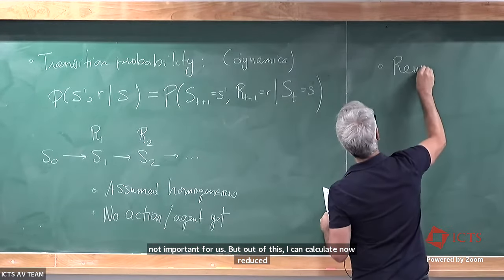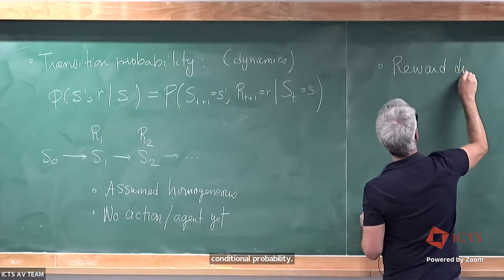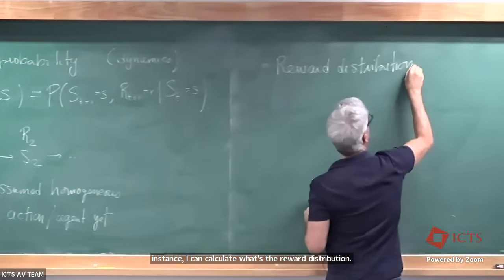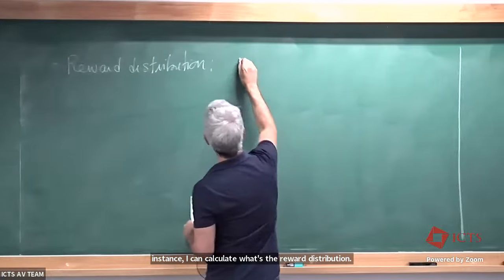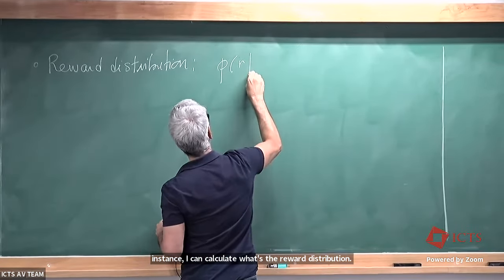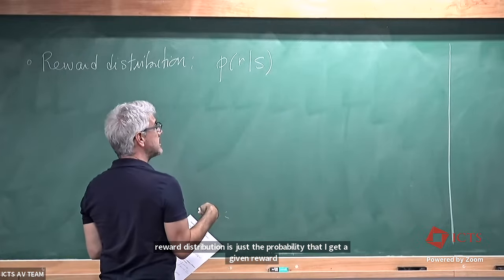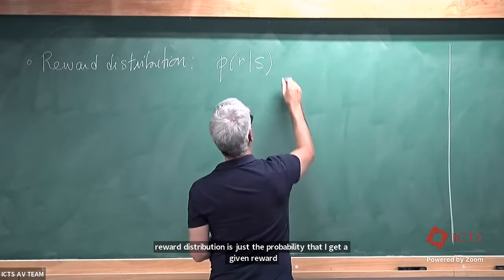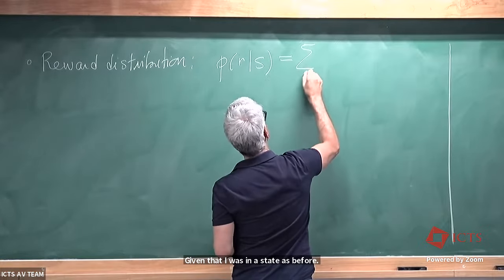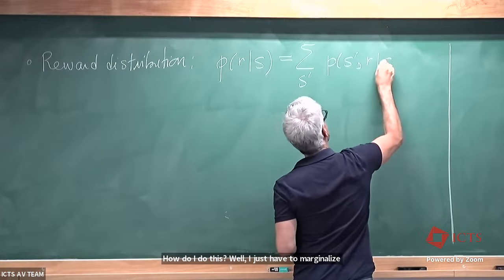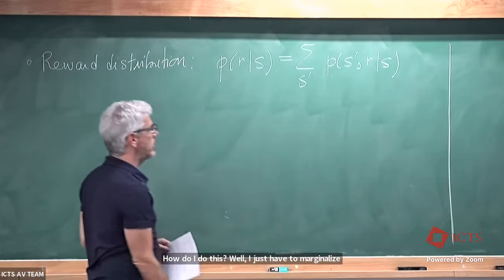For instance, I can calculate the reward distribution. The reward distribution is just the probability that I get a given reward, given that I was in state S before. How do I do this? Well, I just have to marginalize the dynamics onto the state that I reach after, right?